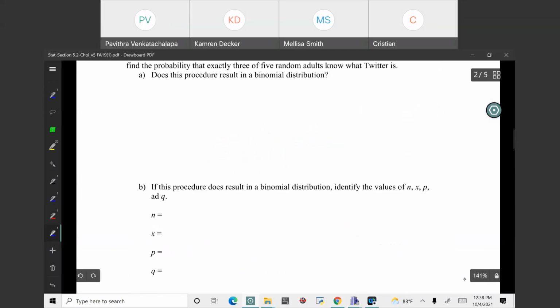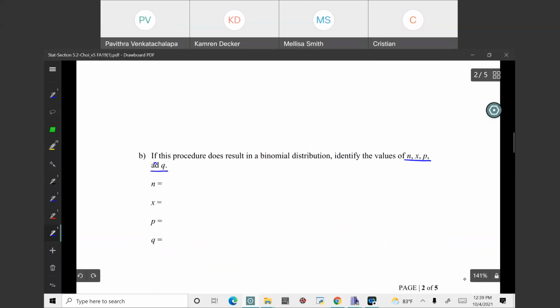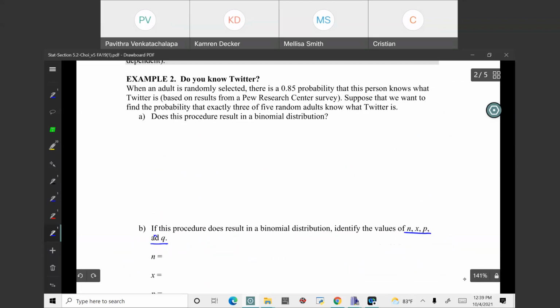Here we are supposed to find the values of n, x, p and q. n is the number of trials, x is the number of outcomes, p is the probability of success, q is the probability of failure, which is equal to 1 minus p. Before that, we need to find part A. Does this procedure result in a binomial distribution?